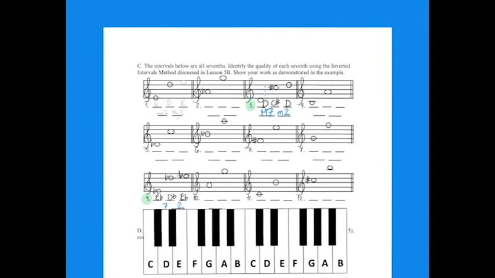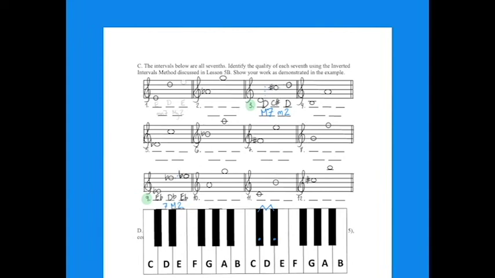Then our next step is to find the quality of our inverted interval. So our inverted interval is D flat to E flat. And then we're going to count our half steps, 1, 2. And we know that 2 half steps is the same thing as a whole step, which is the same thing as a major second. So we'll write that in.